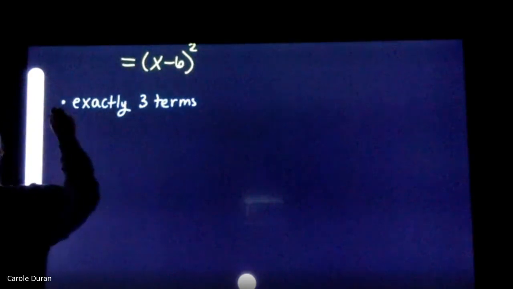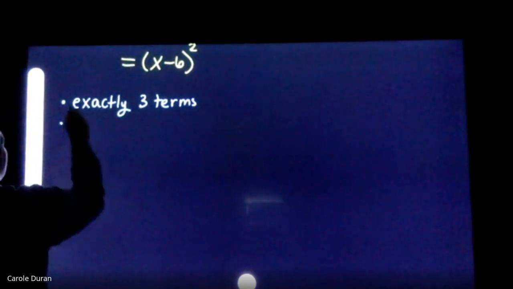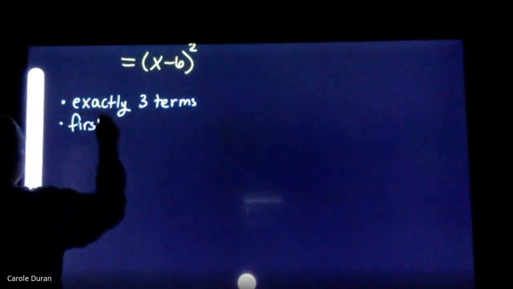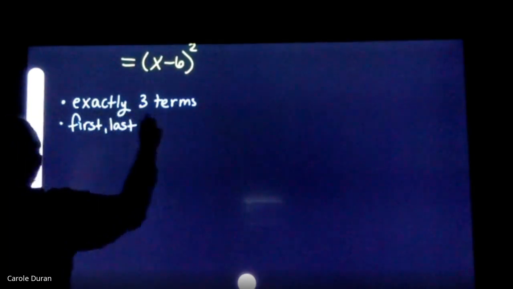There are a couple characteristics of a perfect square trinomial that we always need to check before we apply this rule. It must have exactly 3 terms to it. The first and third terms must be perfect squares.